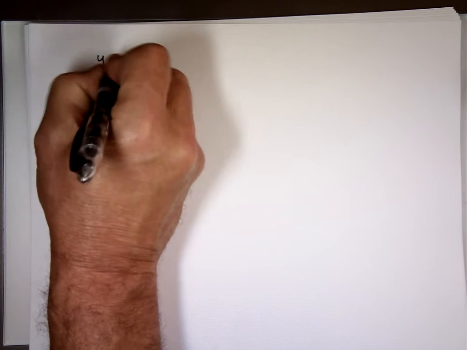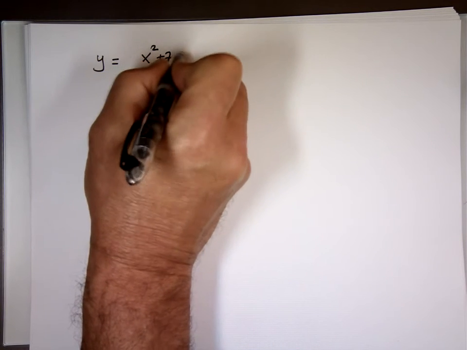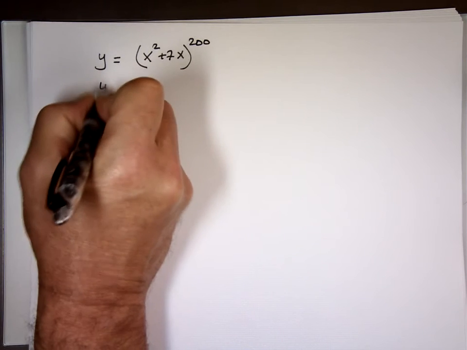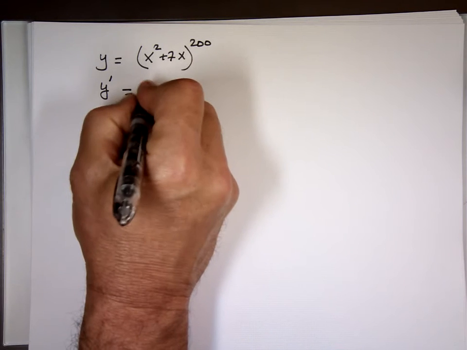Let's see if you remember the extended power rule. In case you forgot, we said if you have y equals x squared plus 7x to the power of 200, what is the derivative of that? Remember we said last time, or the general power rule, you move the power to the front.